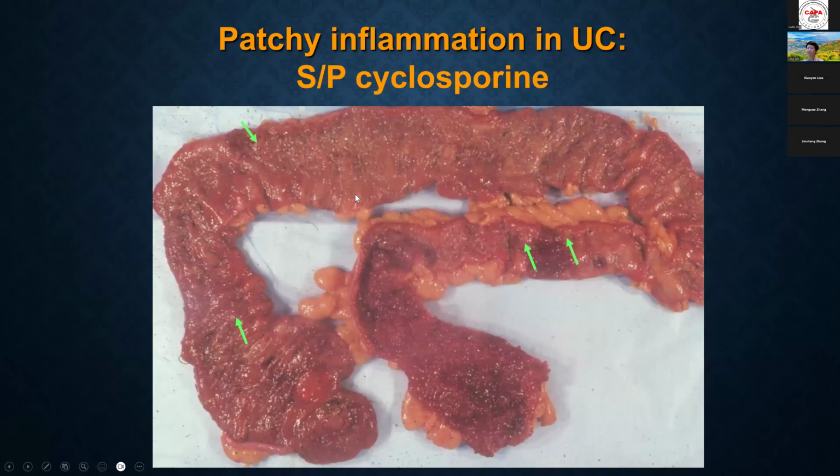And if the patient was treated with an immunosuppressant, in this case cyclosporin, you can see skip lesions, skip ulcers, and in between it is relatively normal or even normal. So skip lesions in a post-treatment patient.